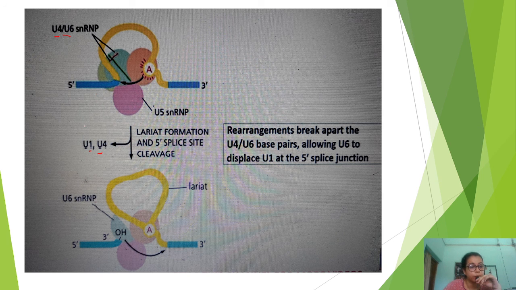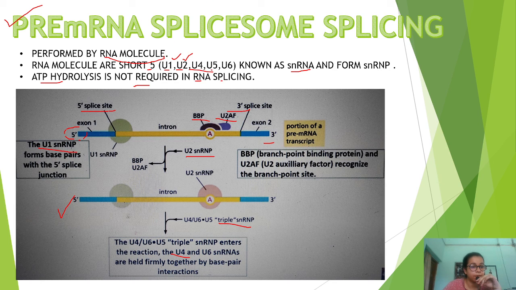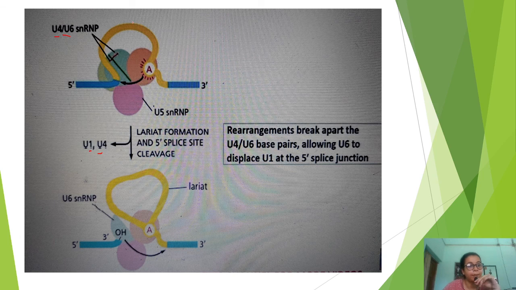Lariat formation and 5' splice site cleavage take place due to the removal of U1, because U1 was present at the 5' splice site. Due to the removal of this region, a lariat formation will take place. You can see the lariat formation and the cleavage.